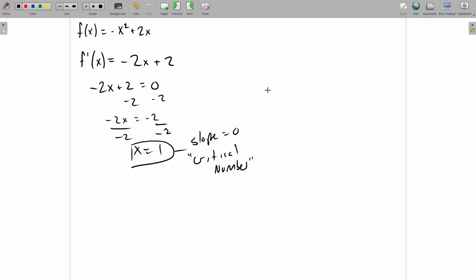So what we want to do is take a number line. And 1 is our critical number, which means that 1 is where the tangent line is horizontal. And we now want to pick a test point. Anything to the left of 1, or to the right of 1. So I can pick a test point, anything. I can pick 0, and then for this interval, I can pick something like 2.